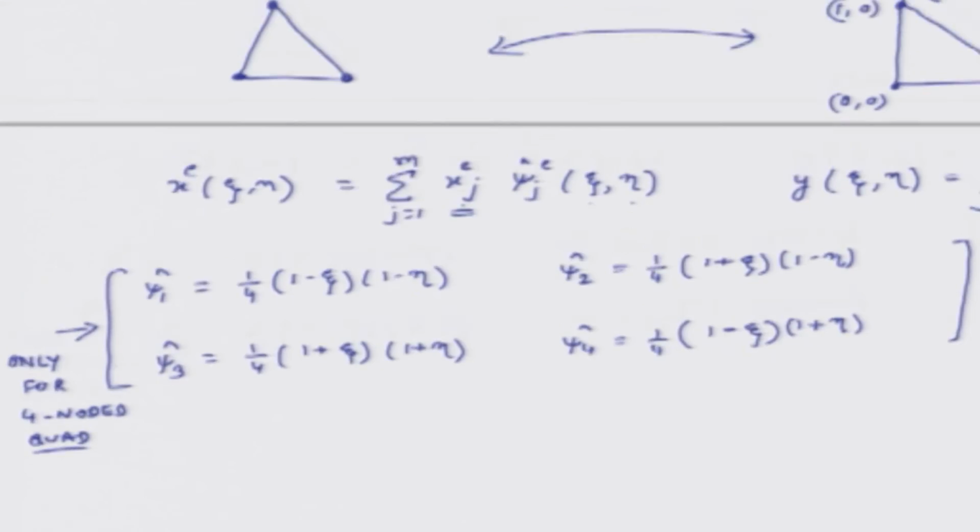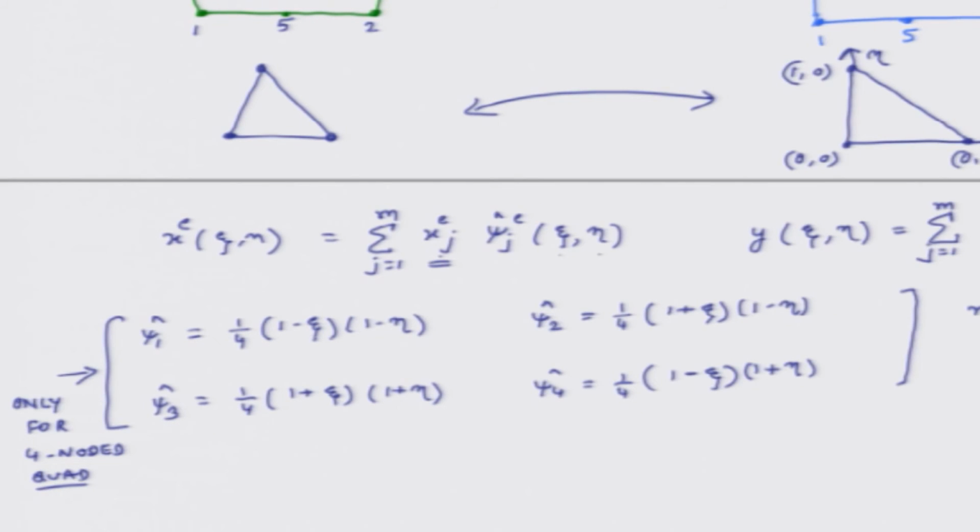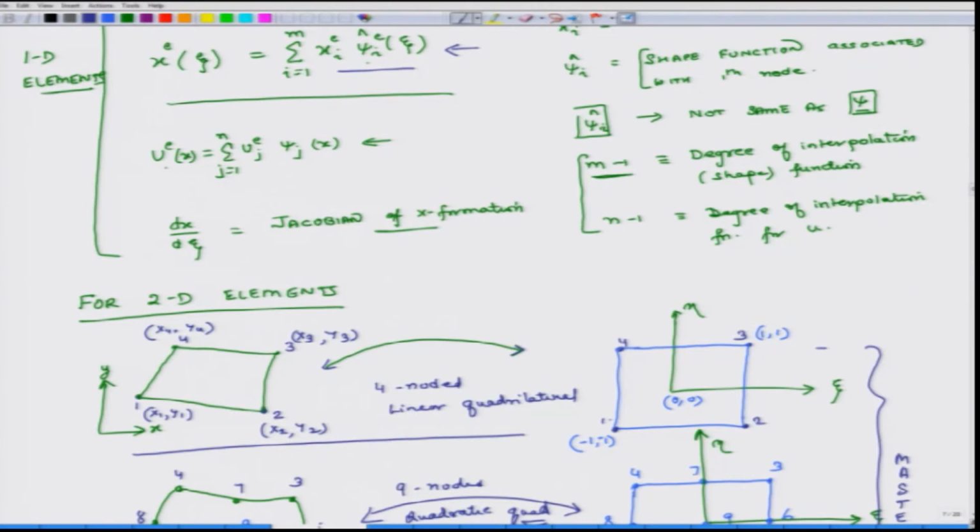As we have seen several times earlier, I would like to restate that the value of psi 1 at node 1 is 1 and at node 2, node 3, node 4 will be 0. So, this is my node 1, this is node 1, 2, 3, 4.